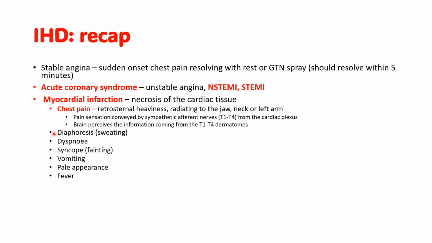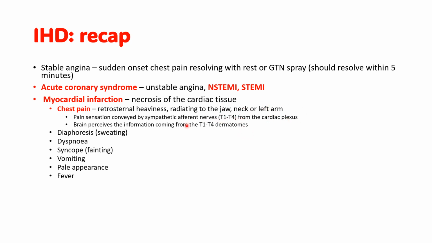Let's do a recap of some of the symptoms a patient might present with. They could present with chest pain, which is reported as a heaviness behind the sternum, or a crushing type pain, which can radiate to the jaw, neck, or left arm. The pain sensation, like I've mentioned previously, is conveyed by sympathetic afferent nerves, T1 to T4, from the cardiac plexus.